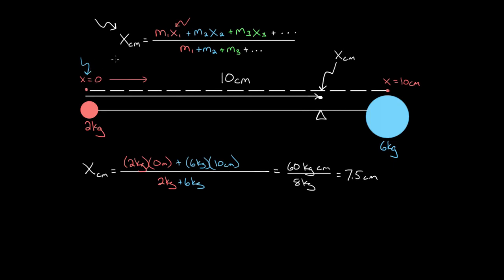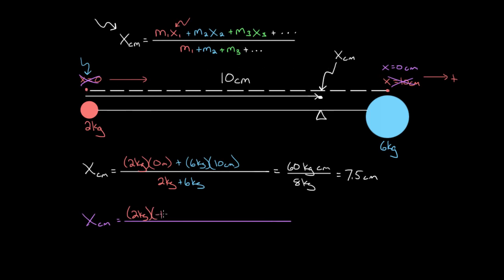You will. So let's say you did this. So instead of picking that as x equals 0, let's say we pick this side as x equals 0. Let's say x equals 0 is this 6 kilogram mass's position. What are we going to get then? We'll get that the location of the center of mass for this calculation is going to be 2 kilograms, but now the location of the 2 kilogram mass is not 0. If this is 0 and we're considering this way as positive, it's going to be negative 10 centimeters because it's 10 centimeters to the left.